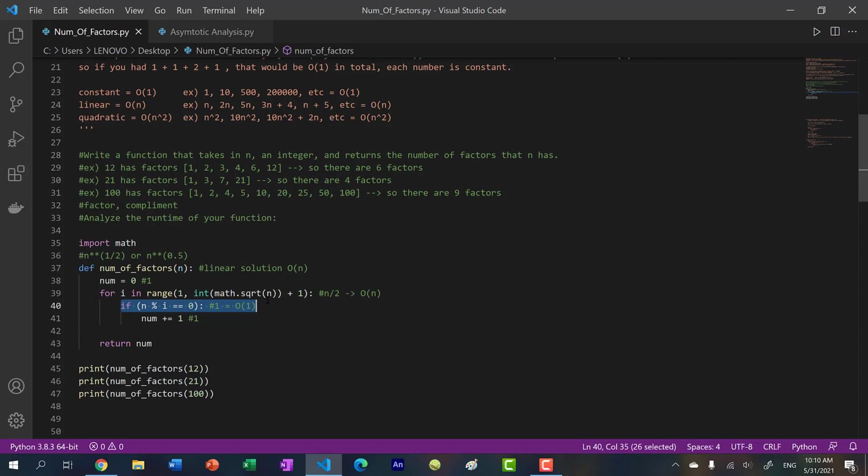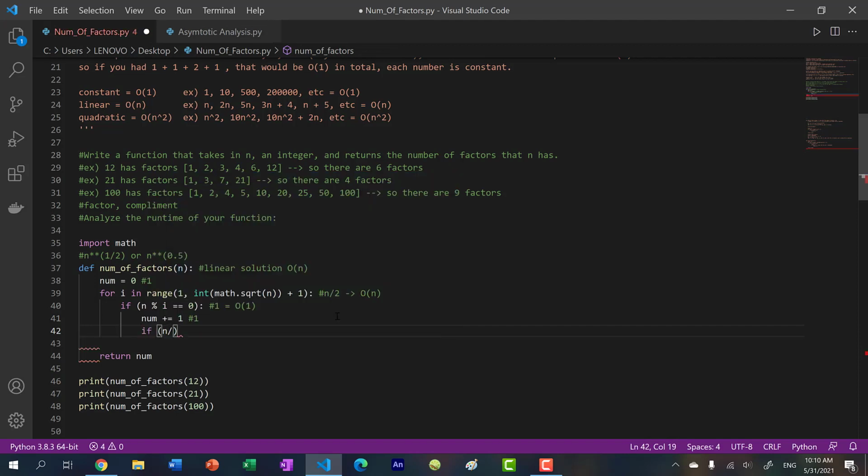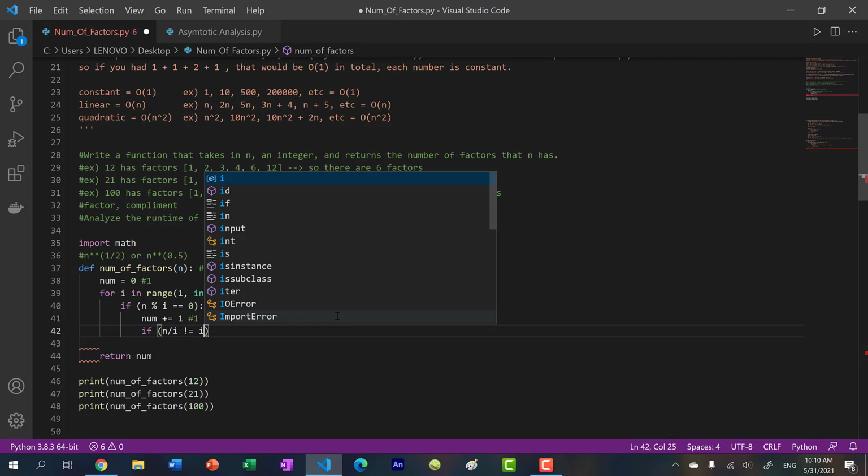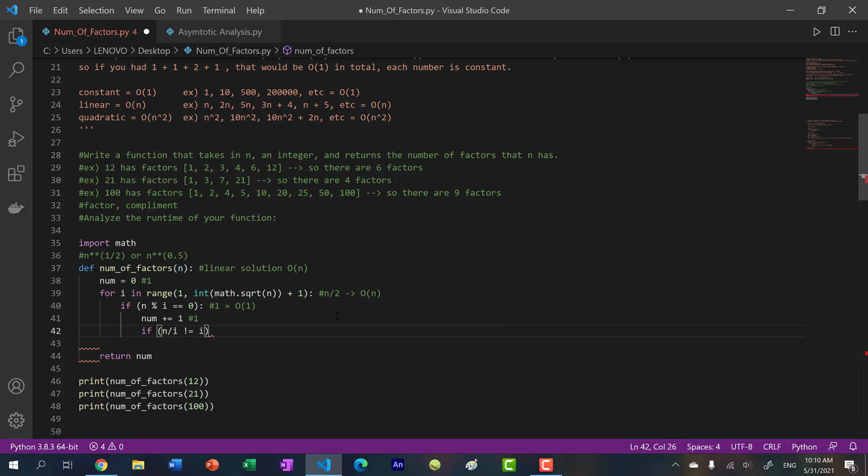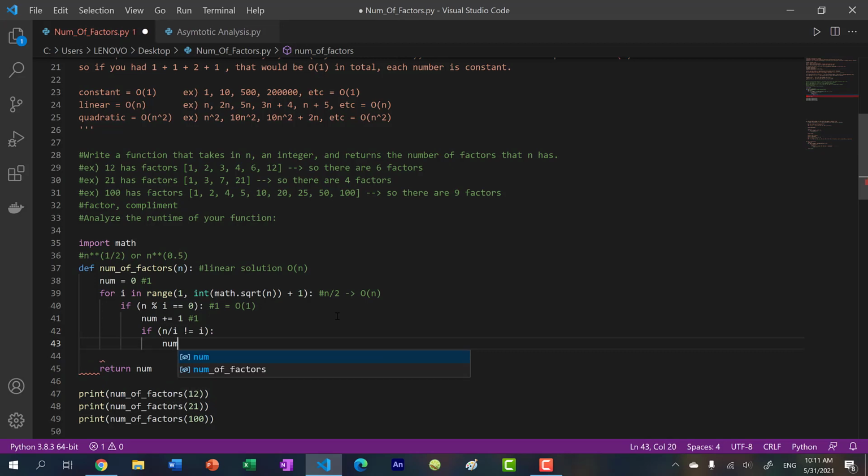So now when we do this check, if it's divisible by i from the numbers of 1 to square root of n, we're going to make another check. We're going to check the complement. So if n divided by i is not equal to i, so it's saying if the complement is not equal to this current factor, then we make an additional addition. So basically, starting from 1, 100 divided by 1, that is a factor.